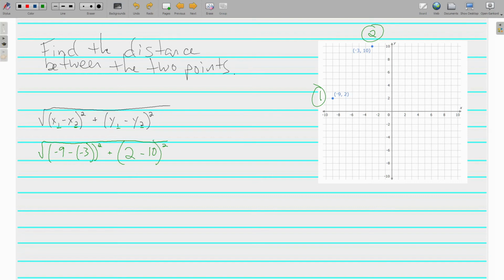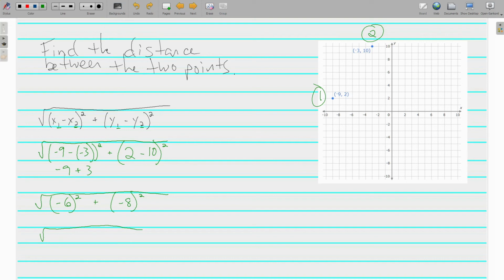Now I'm going to rewrite this with one sign combined, -9 plus 3. That's going to clean some things up for me.